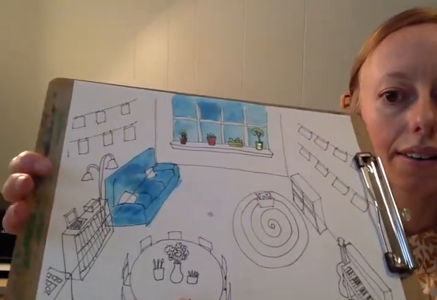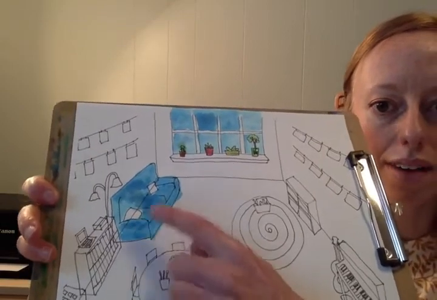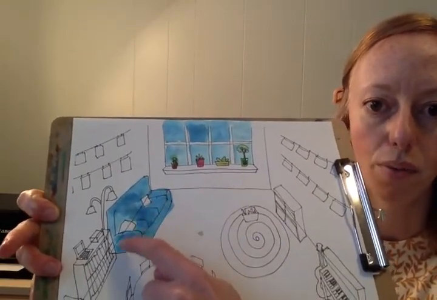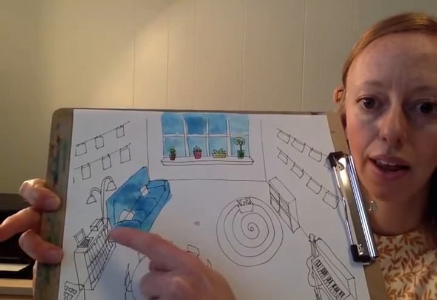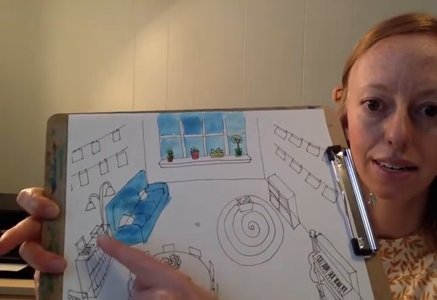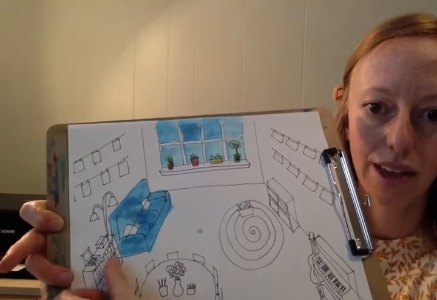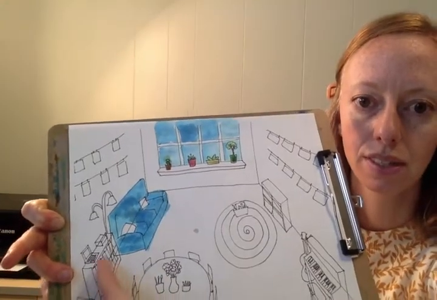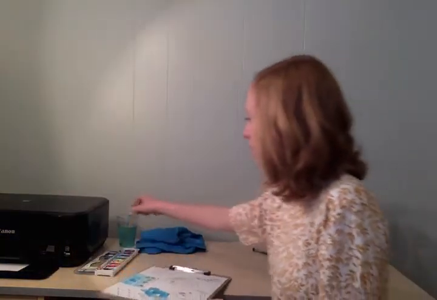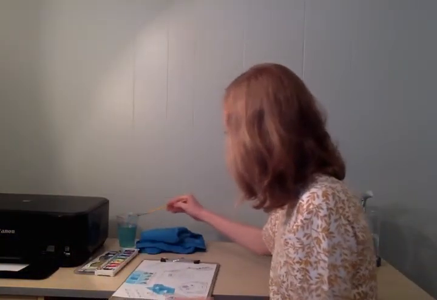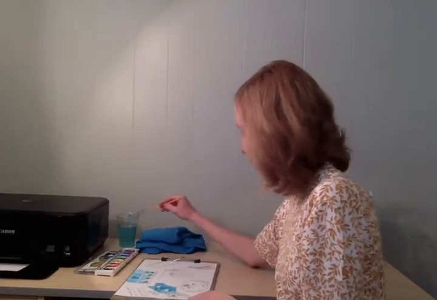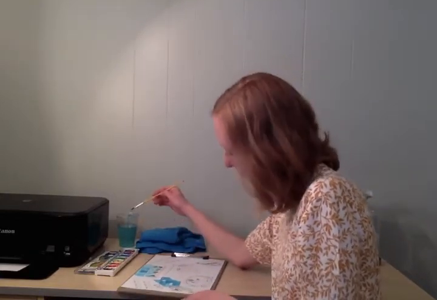So I see how now that I've added color, it's not as obvious that the line of the wall was going right through the couch. And now, since I didn't paint that little corner of the couch blue, it looks like it's part of the bookshelf now. So adding color kind of helps correct that. But again, if you had an eraser, you could have gone back and erased those too, and that would also take care of it.